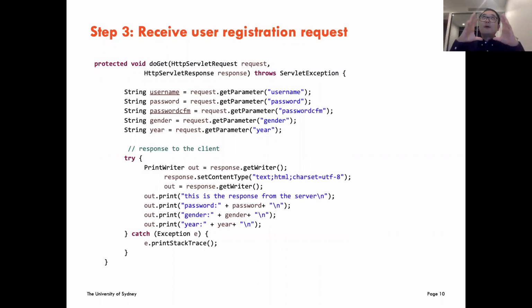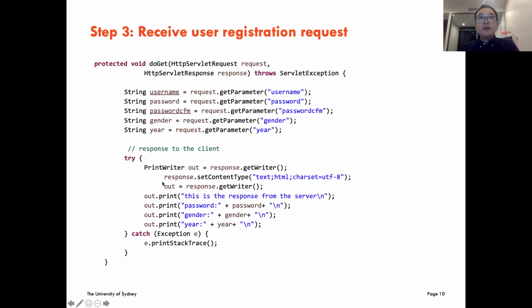You can imagine the form as a package, where each piece of information is attached with a parameter. For this line, I want to get the user's name. The second one is the password. Third is the password confirmation, and gender information, and which year this user is.